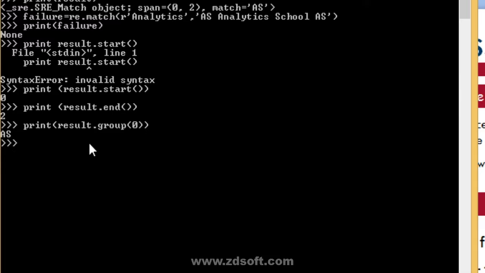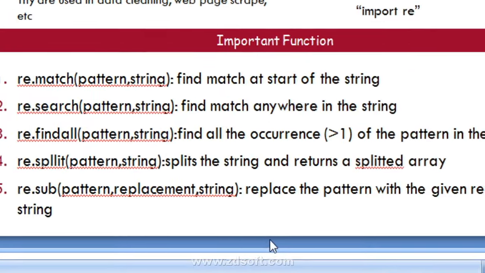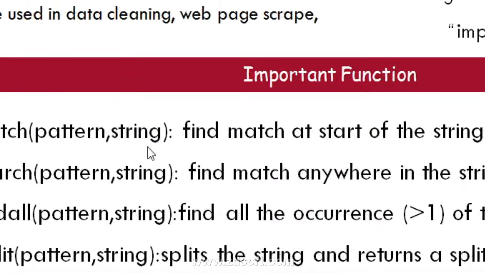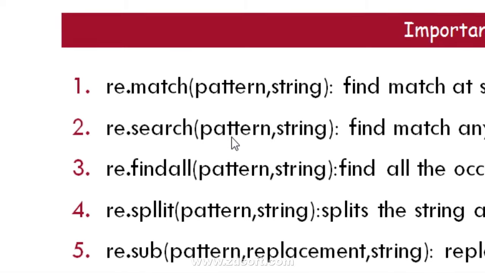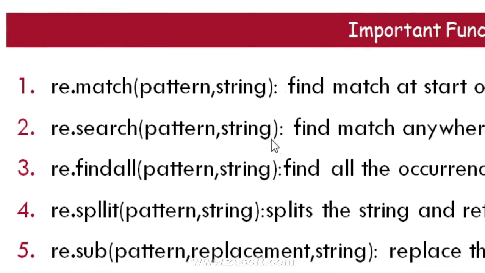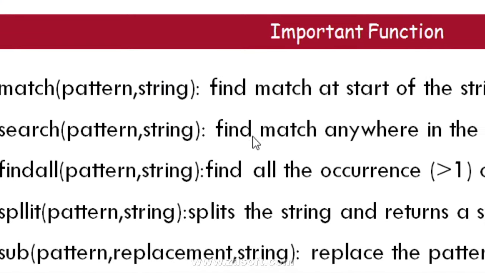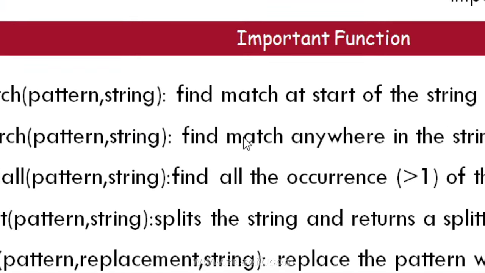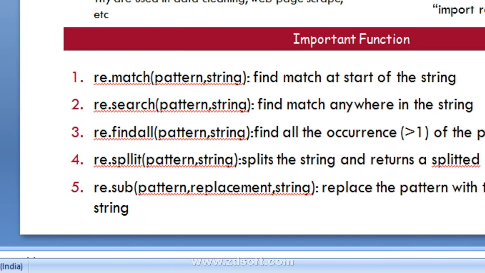Now we'll look at another function which is re.search. The syntax for re.search is pattern comma string. Here the search method finds the match anywhere in the string, anywhere. The implementation is the same, so let's look at it.